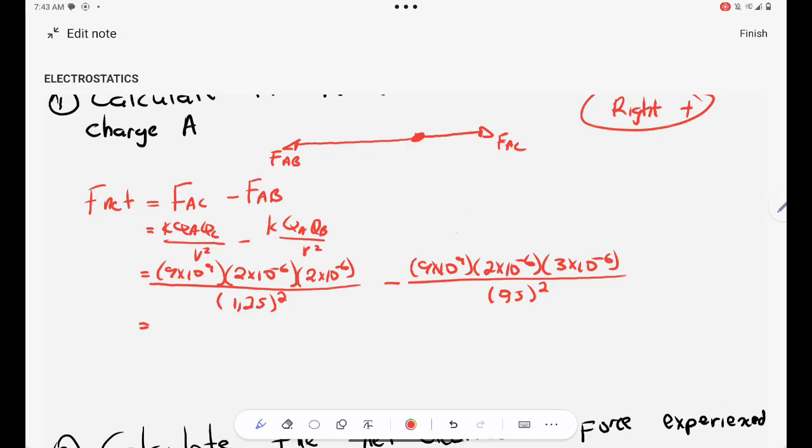And this will give me a negative 1.93 times 10 to the power negative 1.